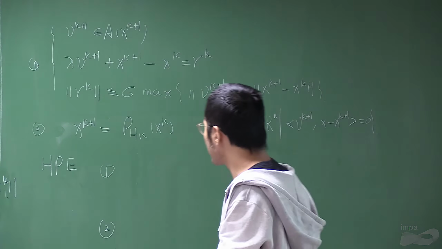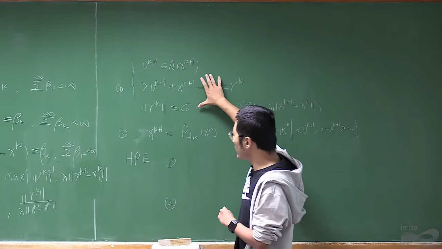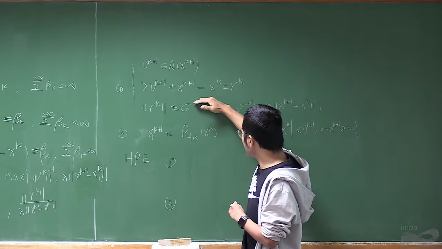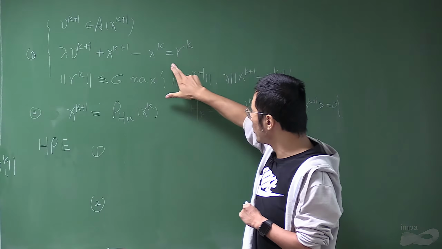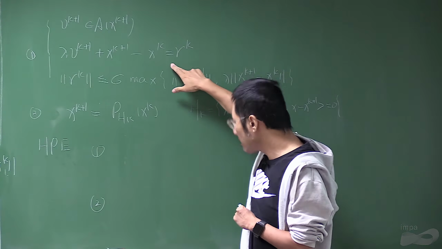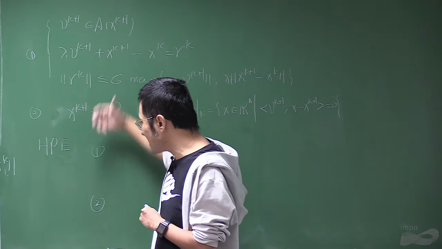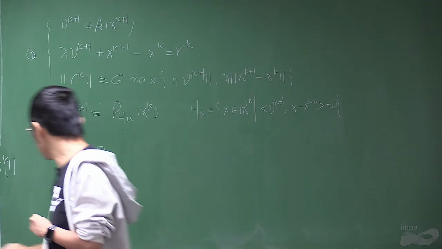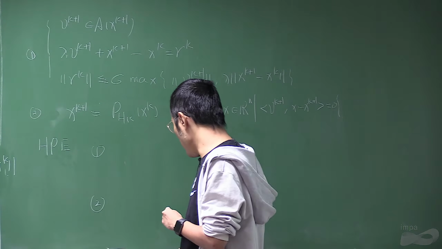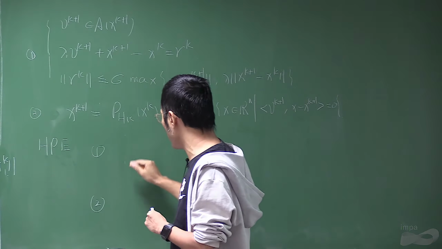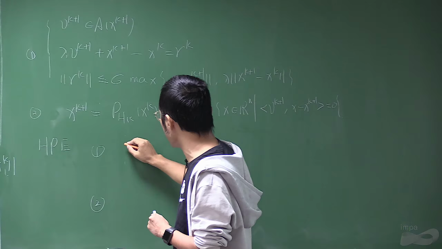For the hybrid projective proximal point method, we only have a residual in this system, and the evaluation of the operator is exact. But in the HPE, instead of solving this inclusion exactly, we permit errors there.